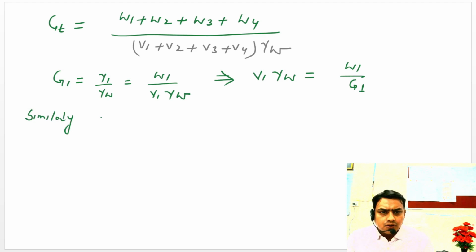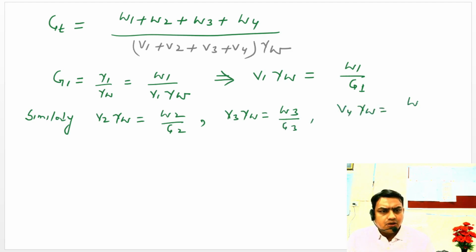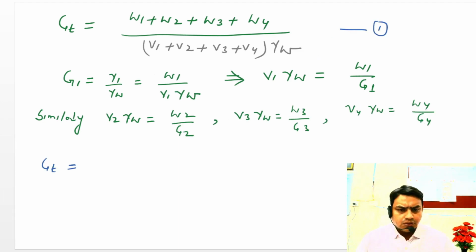So if I put these values, the theoretical specific gravity can be written in terms of W1, W2, W3, W4 and G1, G2, G3, G4.